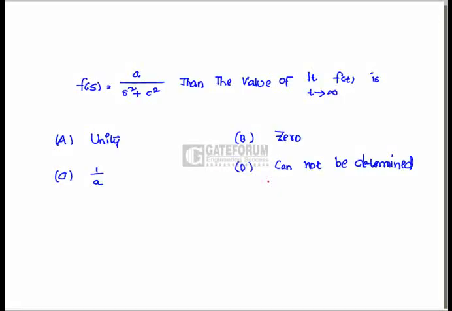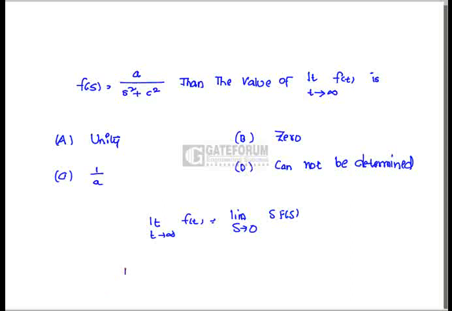In the above problem, we have to find out the steady state value of the given expression. From the final value theorem, limit t tends to infinity of f of t equals limit s tends to 0 of s into F of s. But the problem with the final value theorem is that it is applicable only to stable systems.